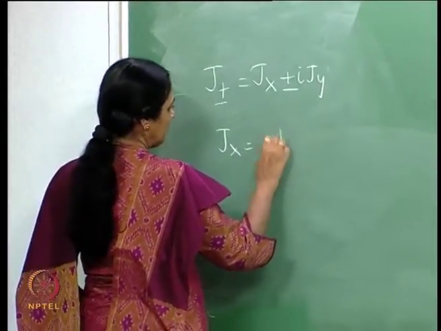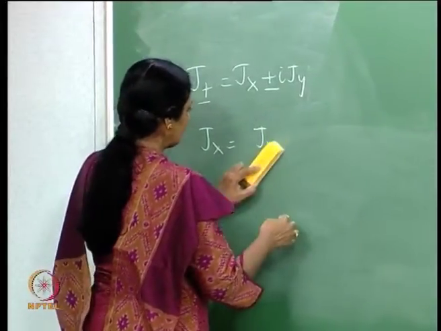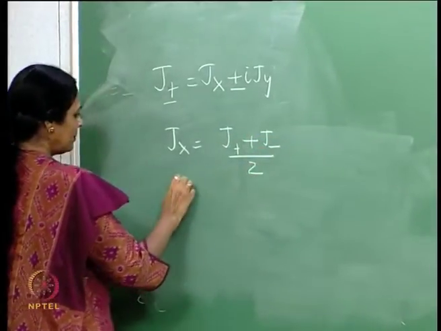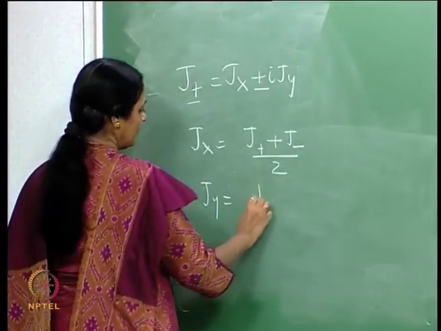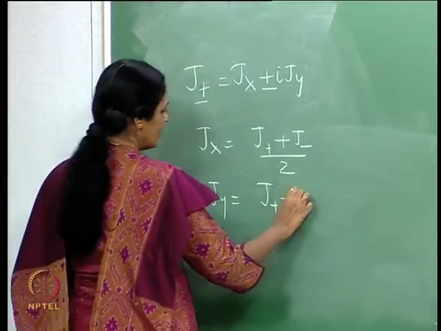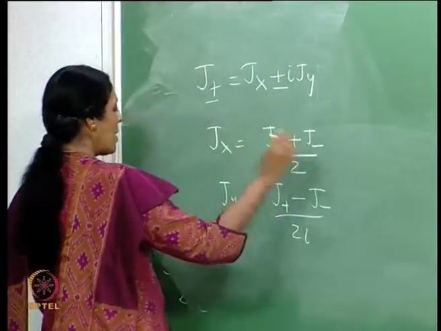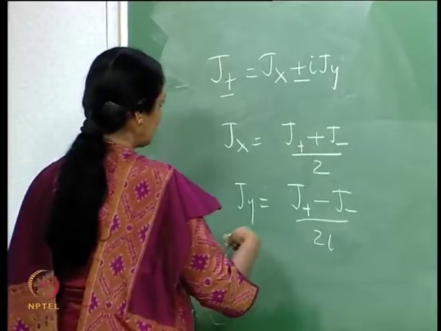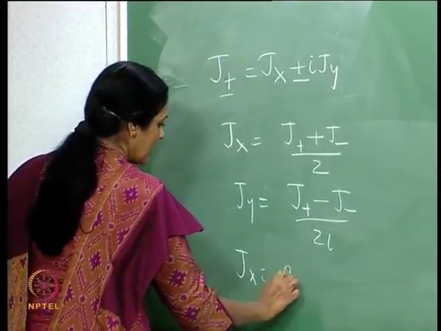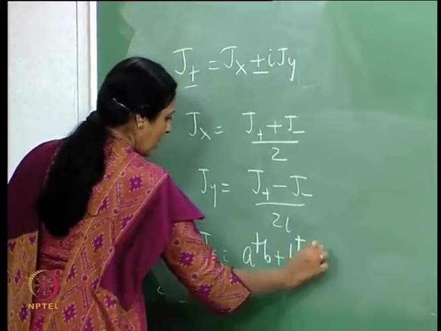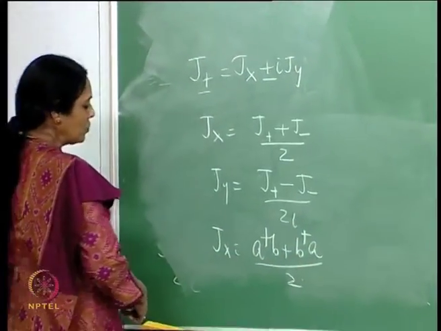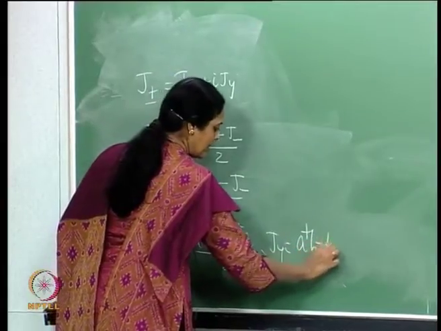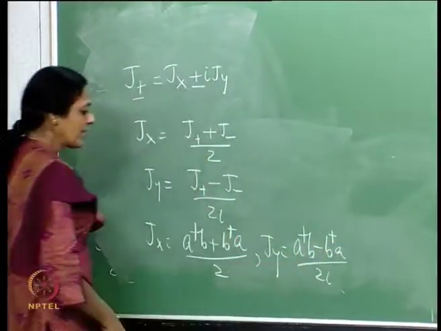Therefore, Jx is (J plus plus J minus) by 2, and Jy was (J plus minus J minus) by 2i, and therefore I can write Jx as (A dagger B plus B dagger A) by 2, and Jy as (A dagger B minus B dagger A) by 2i.